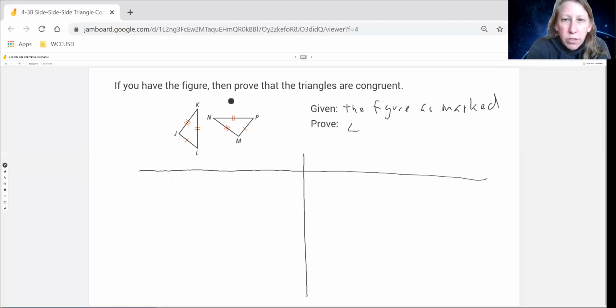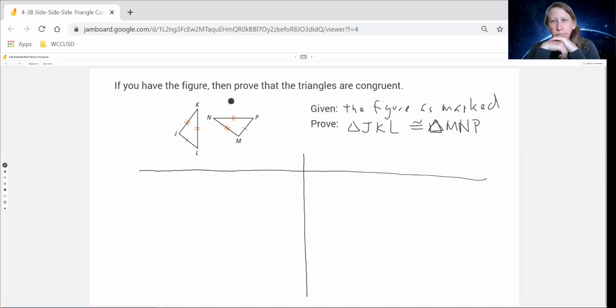You are supposed to be able to prove that triangle JKL is the same size and shape as triangle, let's see if I get the order right, JKNP.